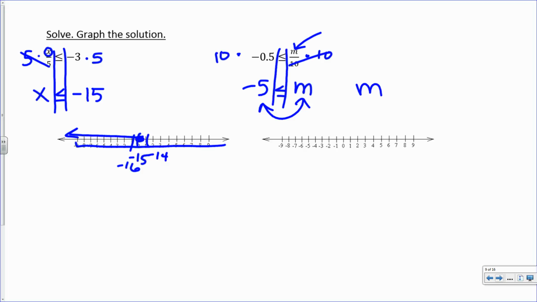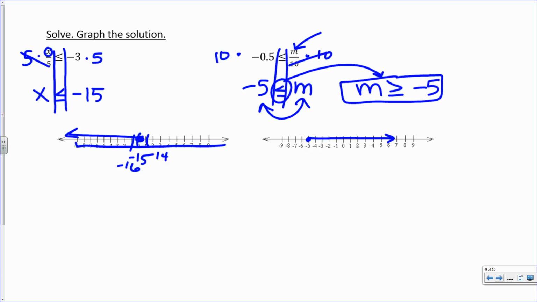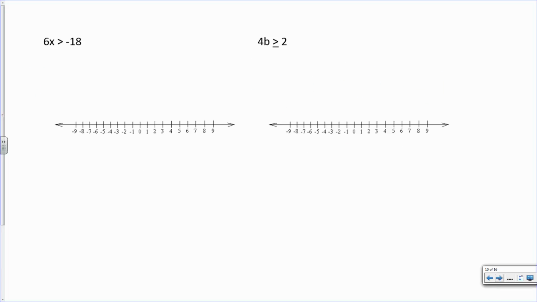So I have m is greater than or equal to negative 5. Notice that my sign's switched because I want it to still be pointing at the negative 5. So I go to negative 5. I have a closed circle. Greater than means shade everything to the right. So those were two to look at and learn about this from. Try these two, and then turn the video back on.